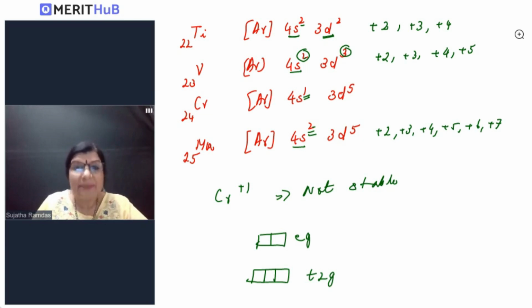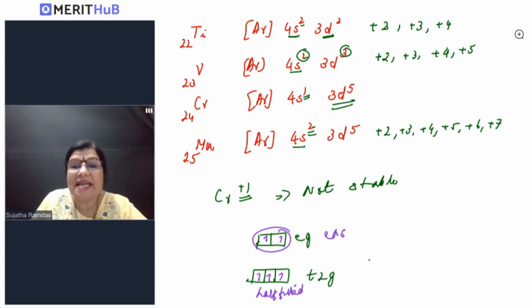Now what happens is when one electron is lost from chromium, we are left with 5 electrons. According to Hund's rule, the t2g orbitals are first occupied by 1 electron each, and then comes the eg orbitals. Since t2g is half filled, the remaining electrons are easily lost in order to attain the stable half-filled t2g orbital, which means we expect a t2g3 configuration.